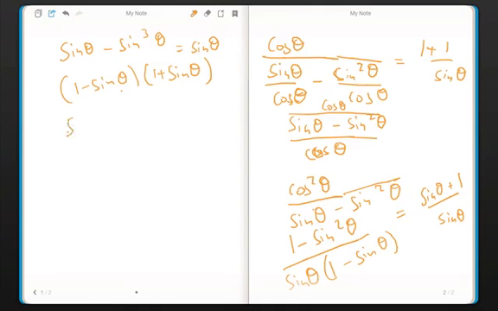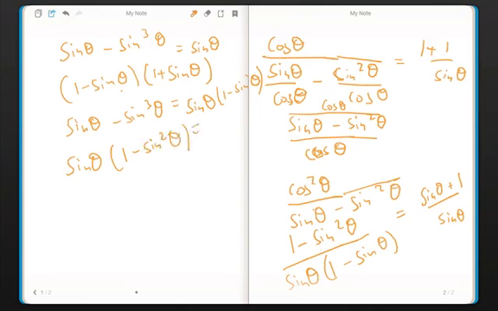So this is sine theta minus sine cube theta equal to sine theta into 1 minus sine squared theta. I hope you can read that there. Now if we take sine theta common, we'll have 1 minus sine squared theta, which matches this side, which is sine theta into 1 minus sine squared theta, and therefore proved.